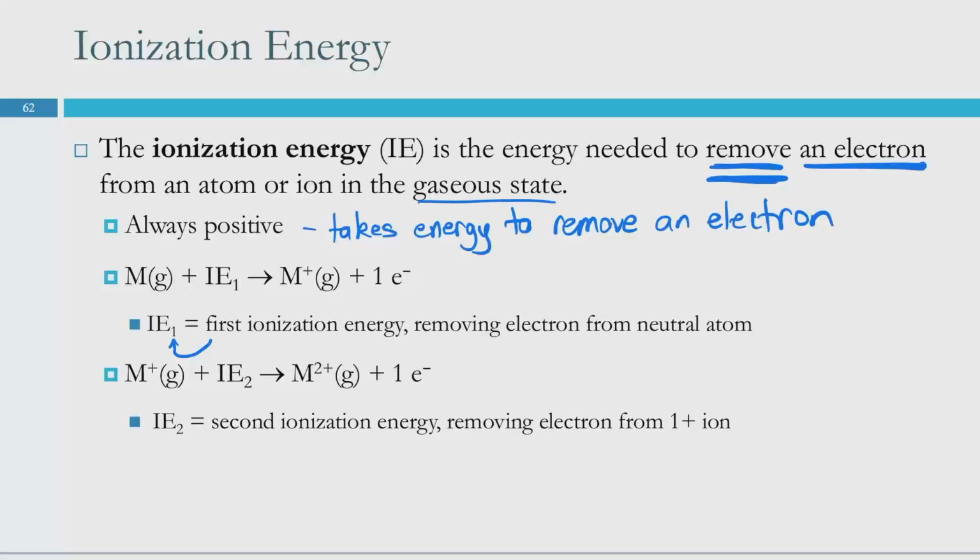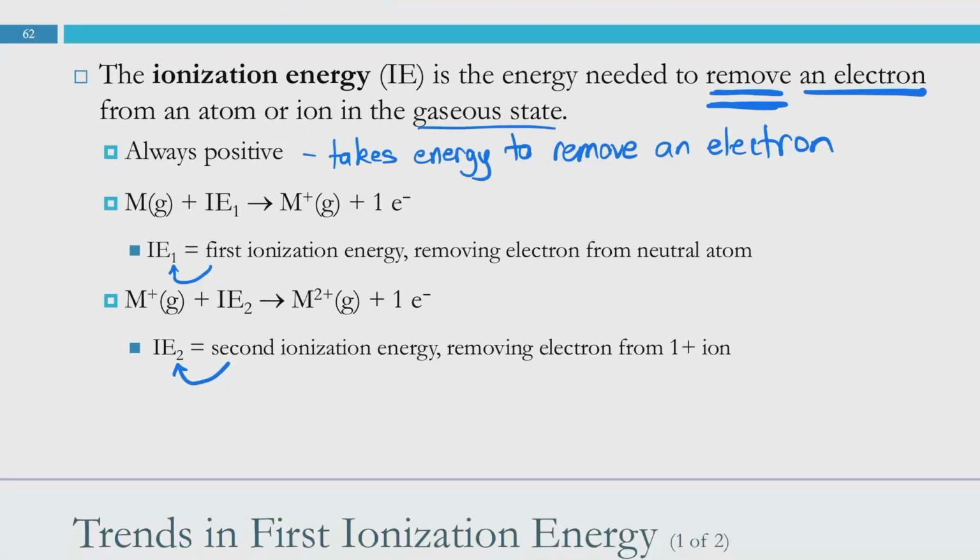The 1 means that it's our first one, and that's removing an electron from the neutral atom. Our IE2, this 2, means that it's our second ionization energy. So after we've already removed one, now how much energy does it take to remove the second one? And the idea continues for our third and our fourth, and so on.